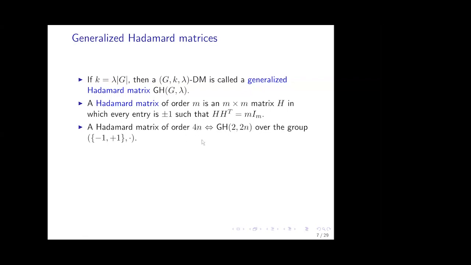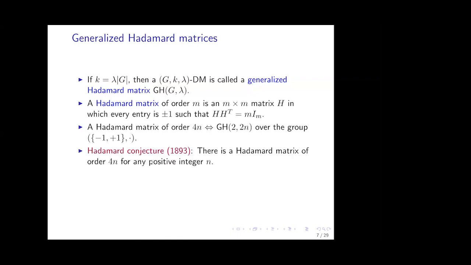That means the differences contributed from any two rows will have the same number of 1 and minus 1. So here the index lambda is 2n. It forms a generalized Hadamard matrix. Similarly, the other way can obtain this.